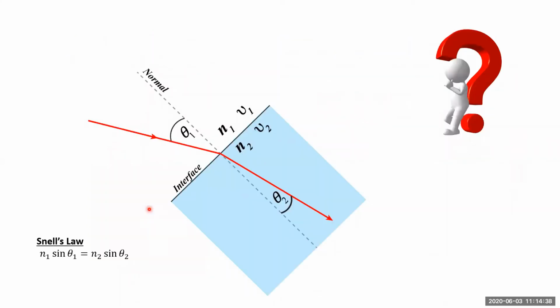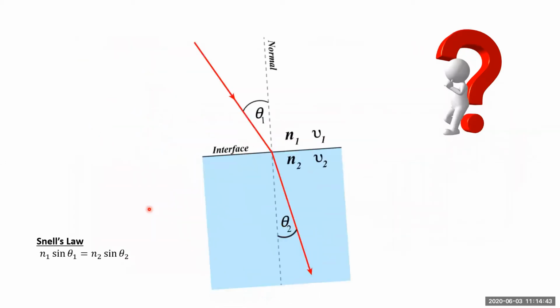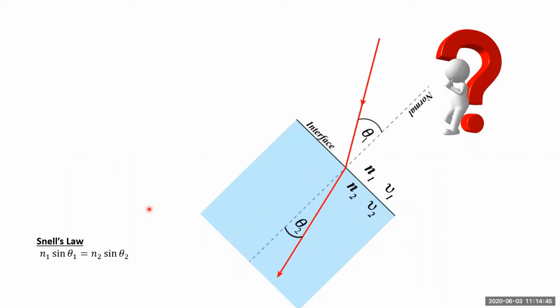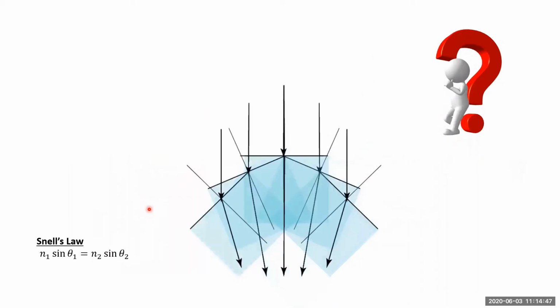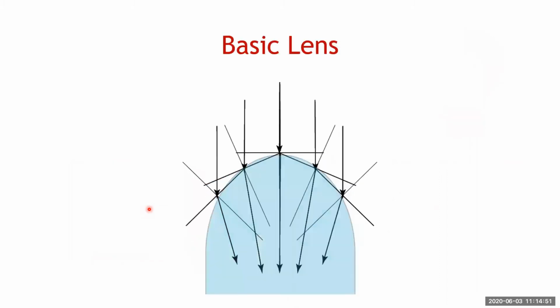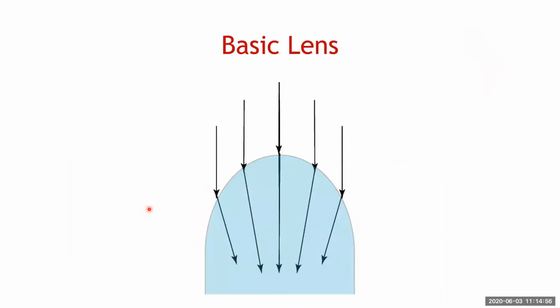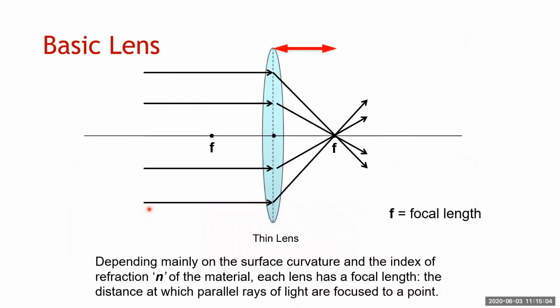So how does this help us in terms of a microscope? Well, we use elements constructed to make use of this refraction to herd the light in a particular direction, and it's just a basic lens. When I say basic, there are of course many different versions and types of lenses, but generally speaking, this is how we get light going from place to place.